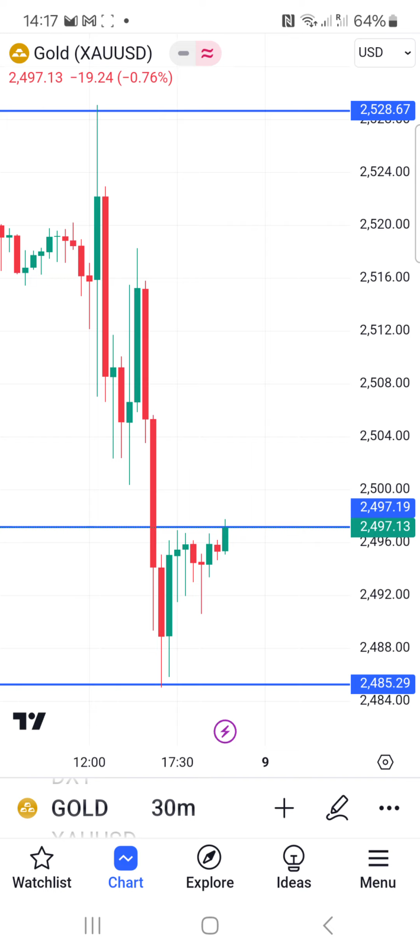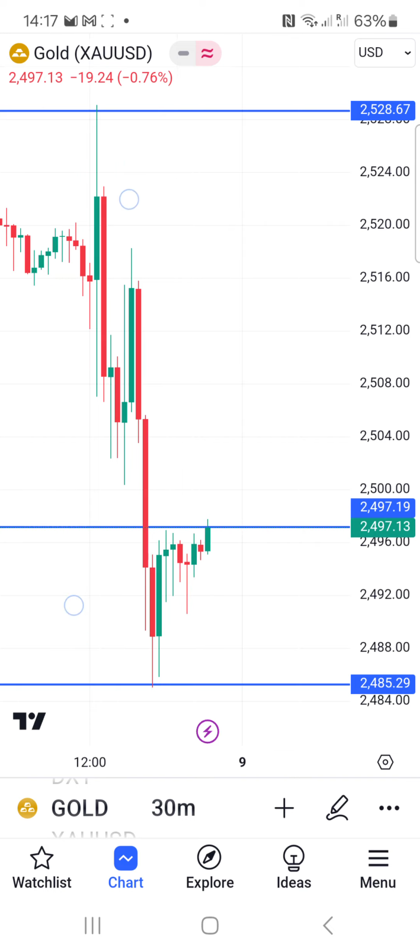Our 30 minutes chart shows that the price has been bullish. Not bullish, sorry. It has been coming down. The price has been moving down and got a resistance here and went high. It is in an important zone since this line is marked in blue.